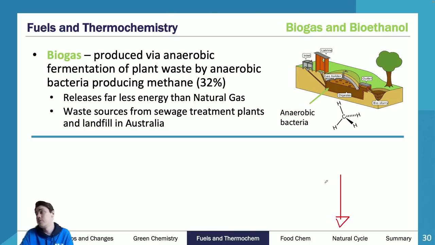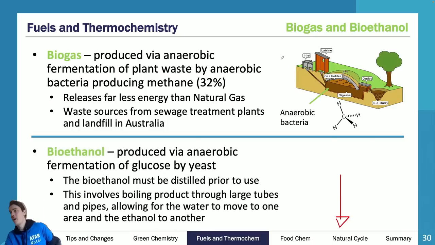But it is produced very renewably. It's produced from sewage treatment plants and landfill in Australia. We put in anaerobic bacteria, and we end up producing gas by methane, which looks like this here, and these sort of little setups are how they work.